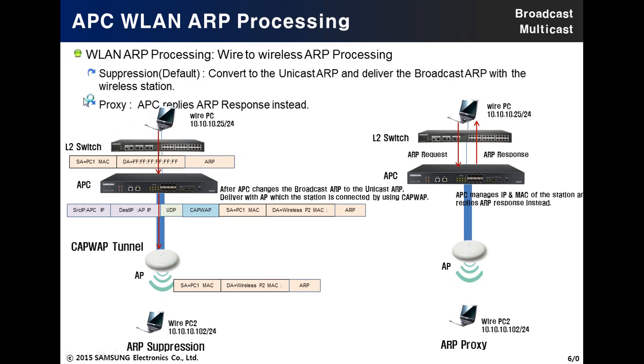So this is the suppression mode. In proxy mode, the controller turns around and does an ARP proxy, meaning it responds if it has a MAC address. So if a wired PC sends an ARP request, the controller, instead of sending it over the CAPWAP tunnel and all the way on the RF, turns around and responds to the ARP message itself. So you don't have to send it all the way back. And the default operation is suppression.